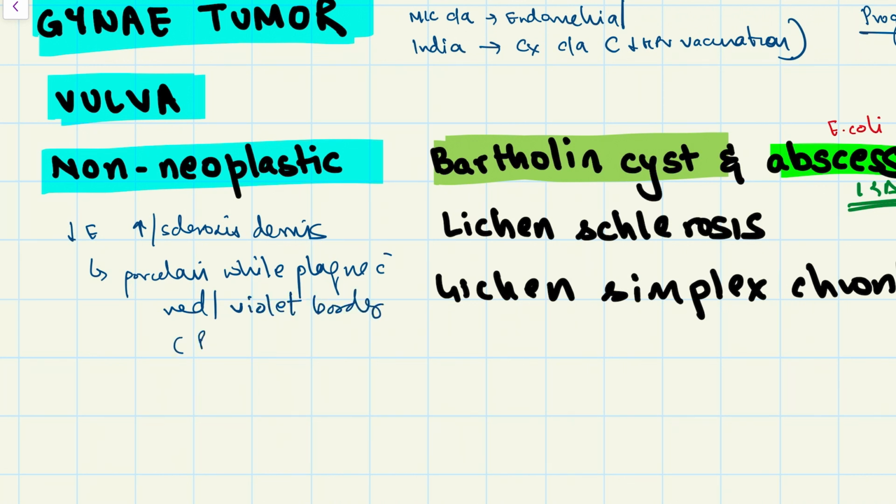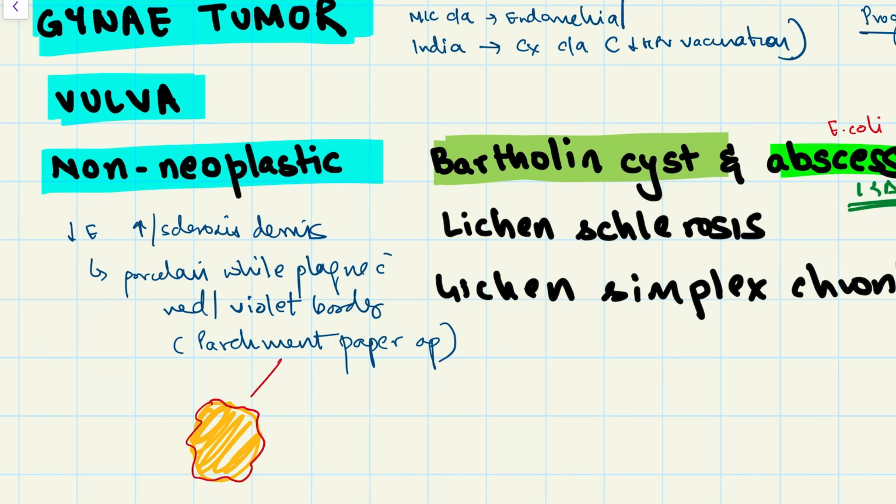This is also known as the parchment paper appearance, because it would be porcelain white with a reddish border. So this is like a parchment paper appearance.